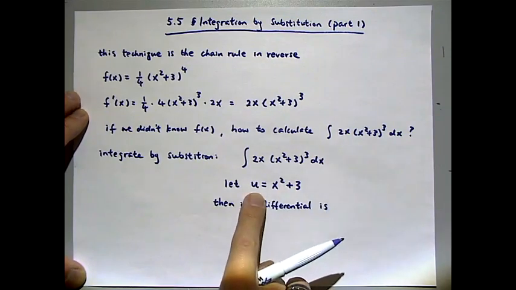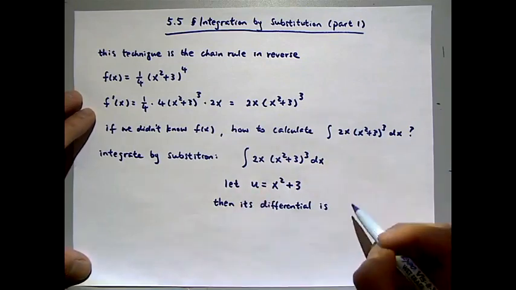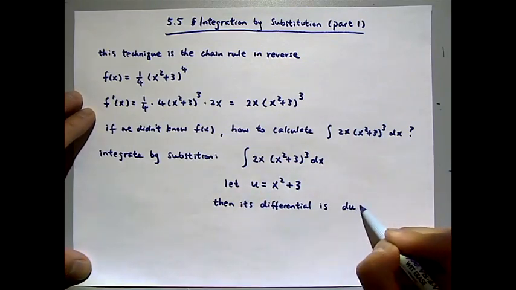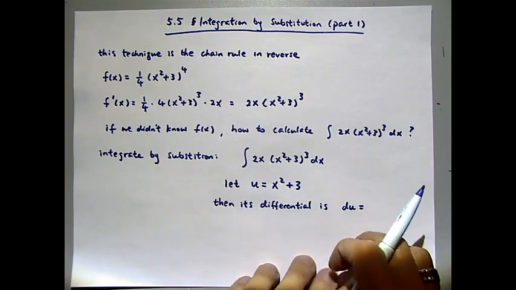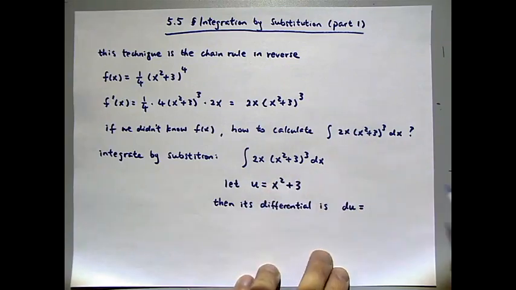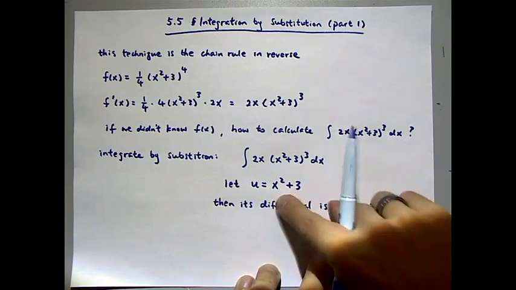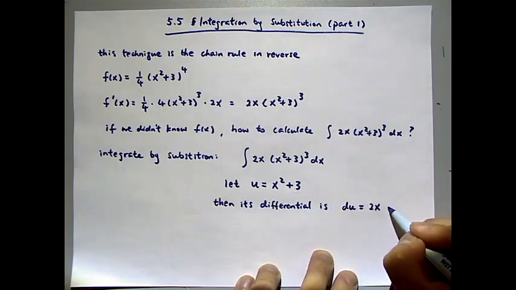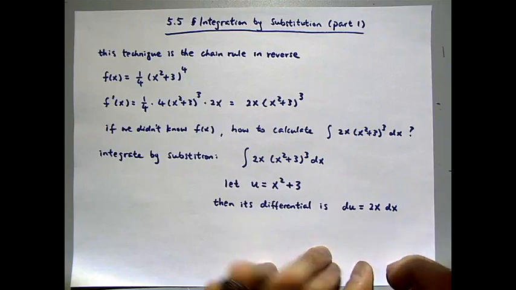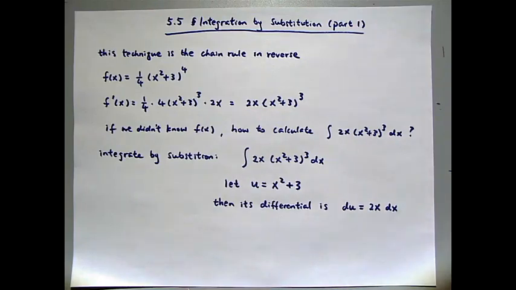Then we're going to find the differential of u. We did that back when we did the linear approximation. It's just the derivative: du equals the derivative on the right-hand side times dx. Okay, so I got my u and I got my du.